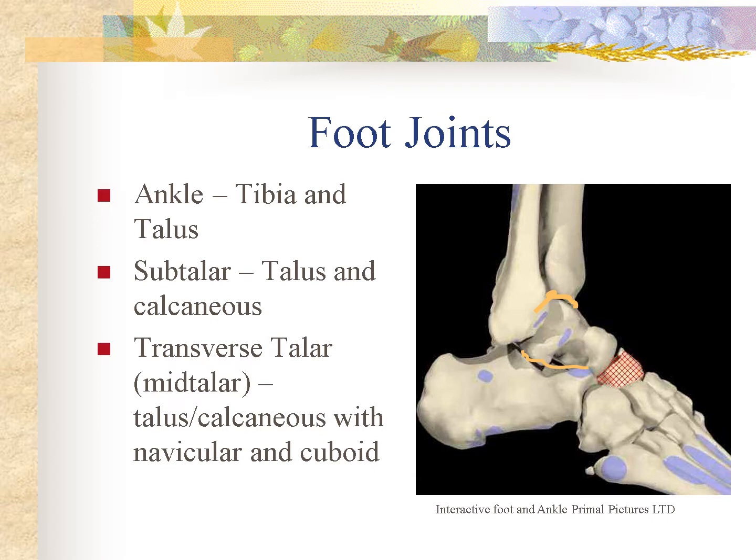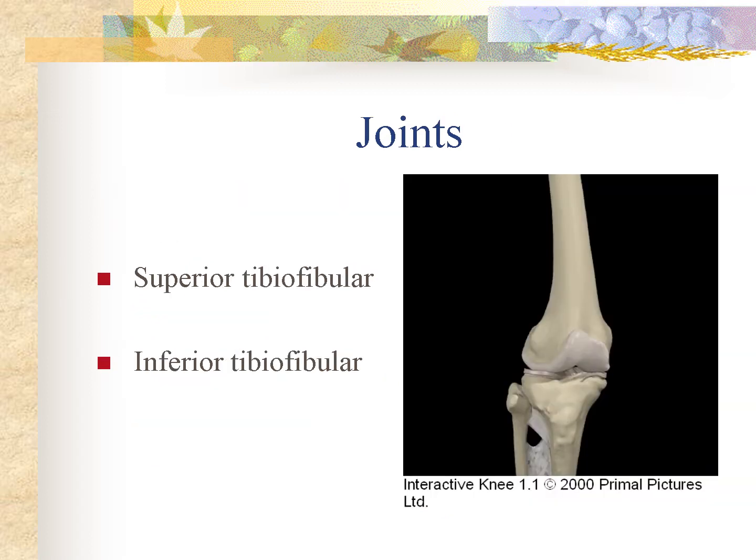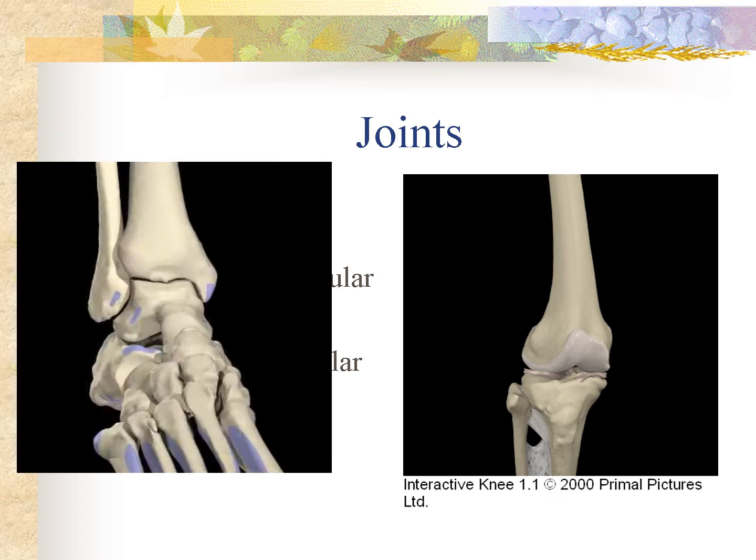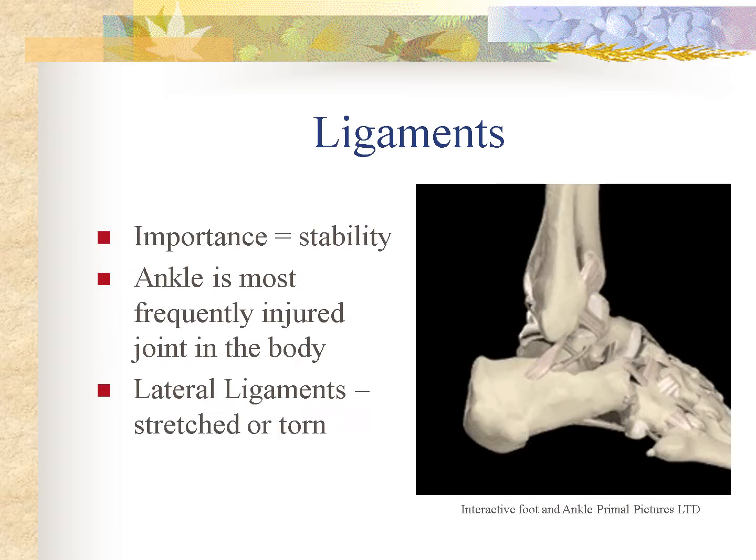And then we have a transverse tarsal joint or midtarsal joint between the talus and the calcaneus, and where it articulates with the navicular and cuboid. We also have tib-fib joints, as I mentioned, where the tibia and fibula are going to attach superior and inferior.